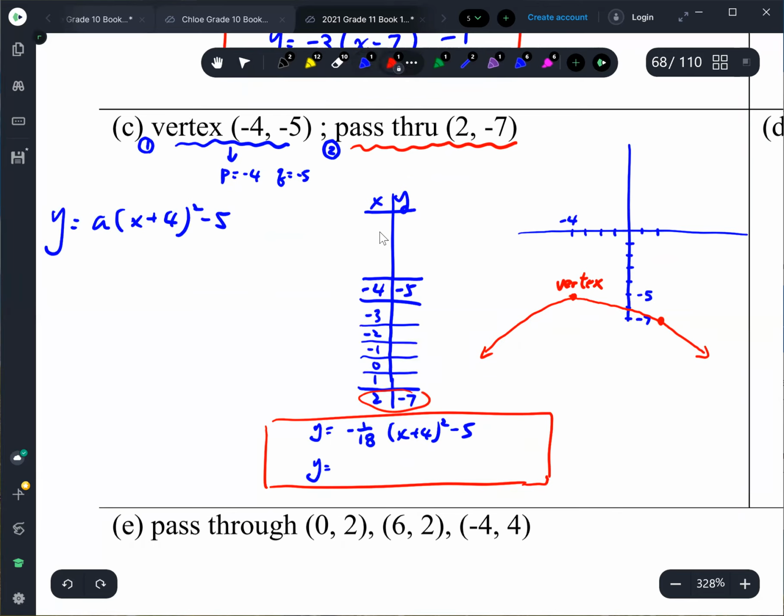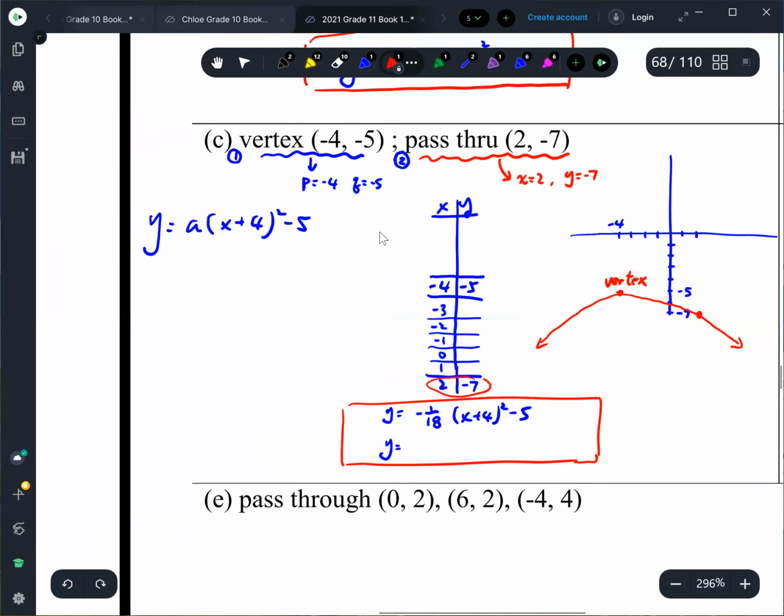So if it's part of the table, that means you can plug it in, right? If x equals 2, your y should come out to be -7. Remember, that's how we made the table. We plug the x value in and then get the y value. So this (2, -7) tells you that x will be 2, y should be -7.